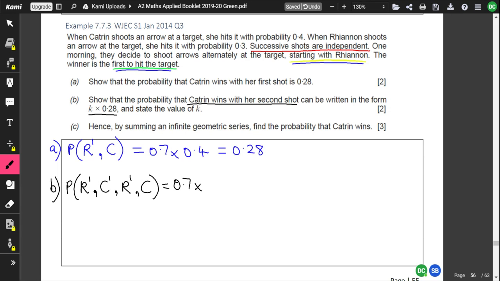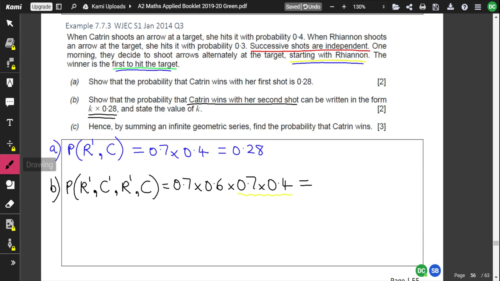The chance that C misses is 0.6. Rhiannon misses again, but this time Katrin hits on her second go. Now remembering what the question said, show it can be written in the form something times 0.28. And if we remember from part A, 0.7 times 0.4 gave us 0.28.